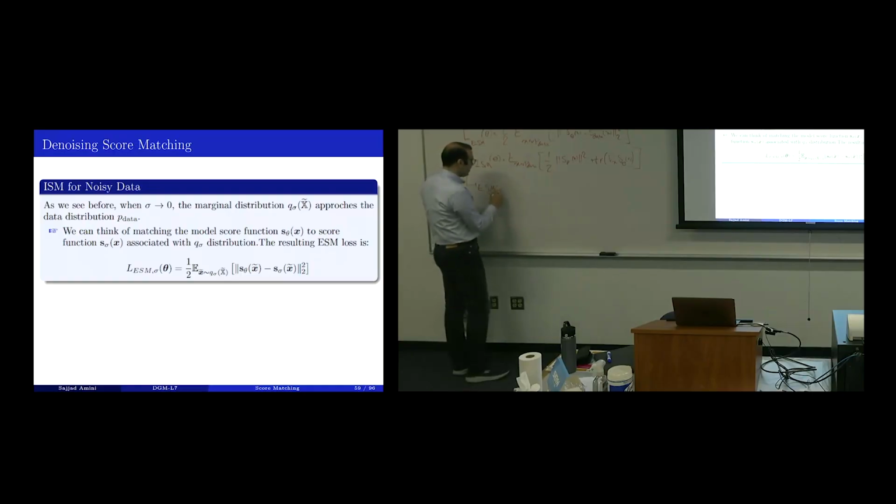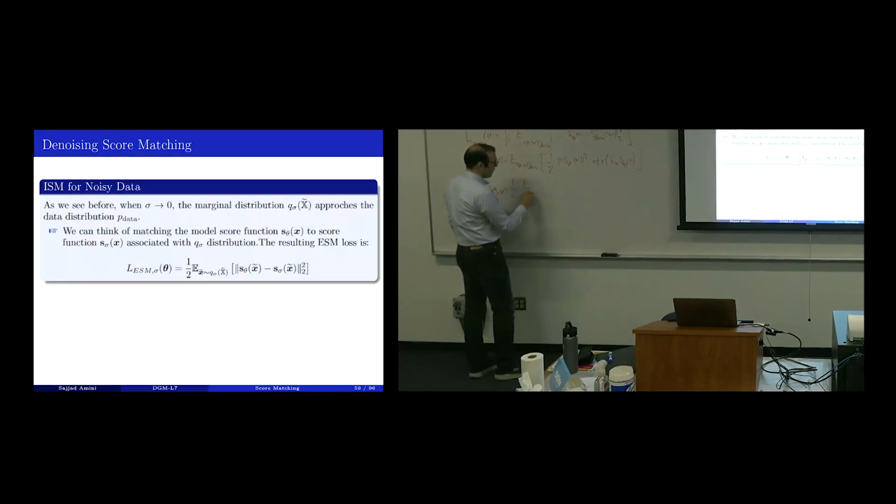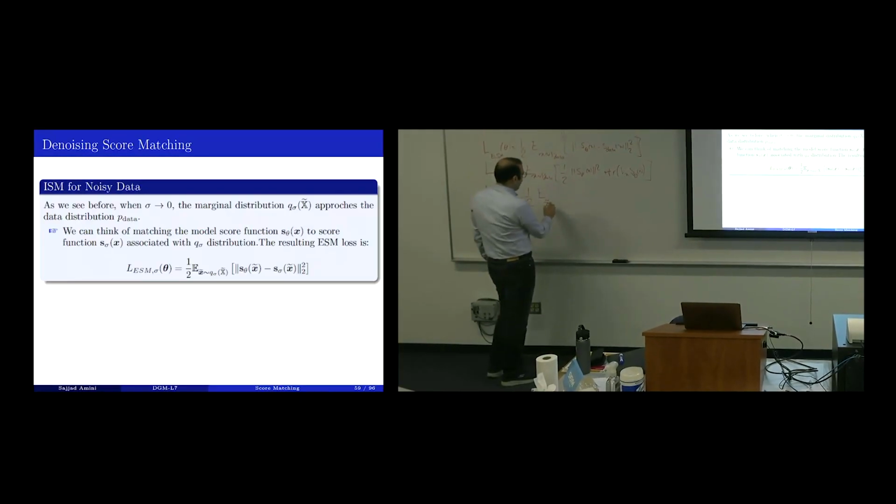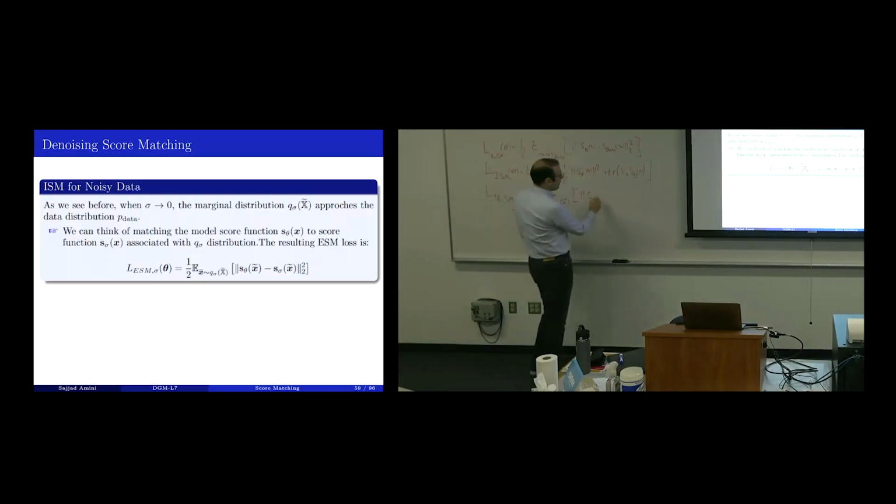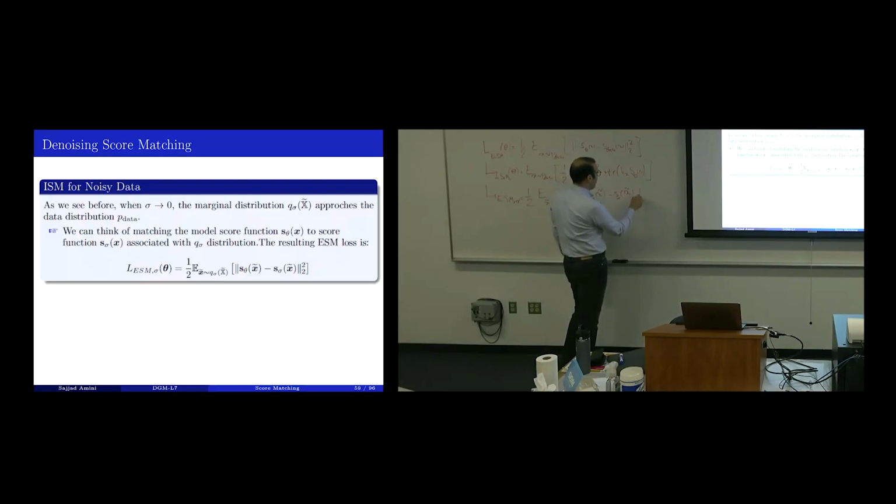Why is it explicit? Look at the form. How do we define explicit and implicit? Explicit means that you are calculating with respect to the score functions themselves.